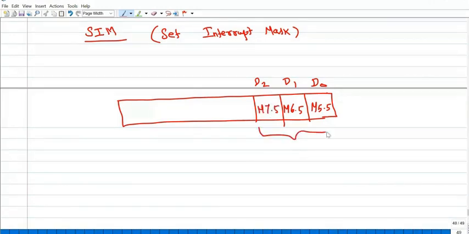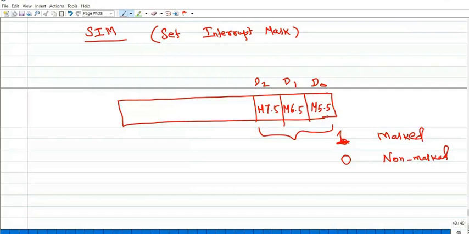If a pin is 1, the corresponding interrupt is masked. If it is 0, then it is not masked. Assume D0 equal to 1, meaning RST 5.5 is masked, that is, disabled. If D1 equal to 1, the RST 6.5 interrupt is masked.